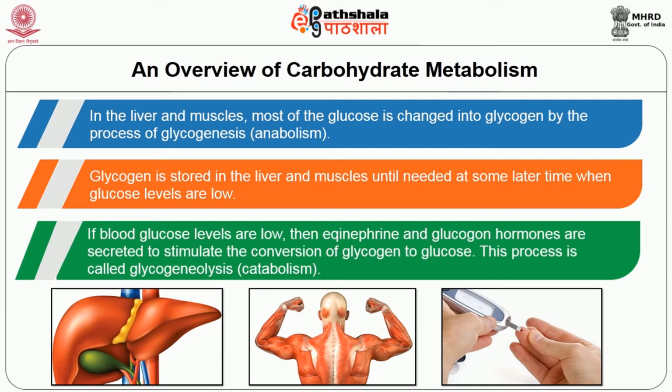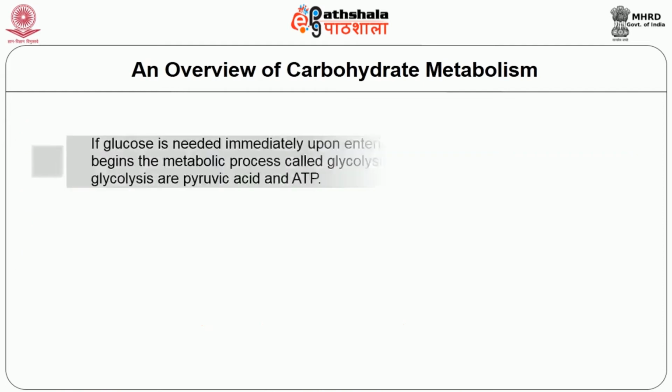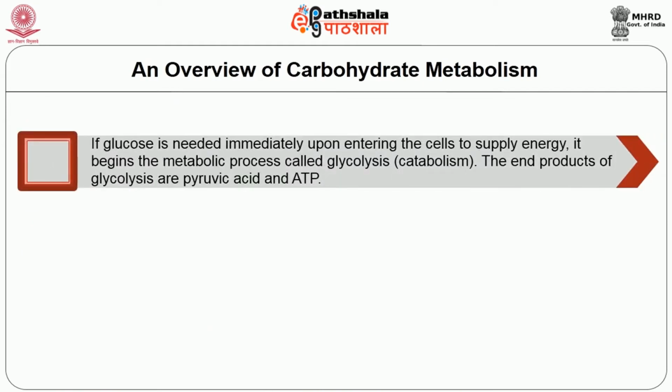This process is called glycogenolysis, which is also referred to as catabolism. If glucose is needed immediately upon entering the cells to supply energy, it begins the metabolic process called glycolysis under catabolism. The end products of glycolysis are pyruvic acid and ATP.